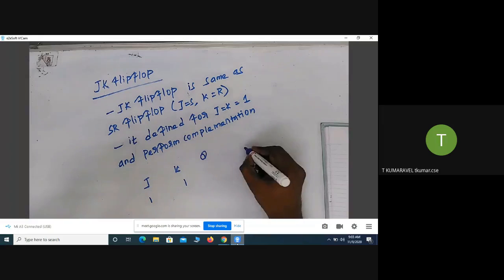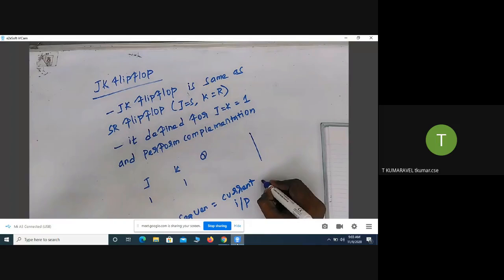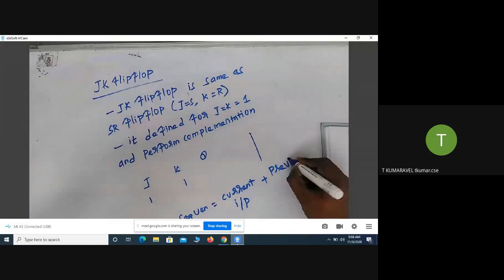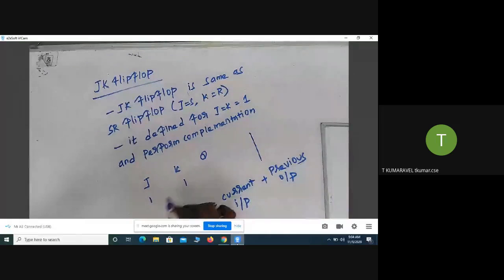Already you know how a sequential circuit works. A sequential circuit works based on the current input plus the past output, the previous output. Am I correct? Here, if both inputs are one, it looks at the past output.